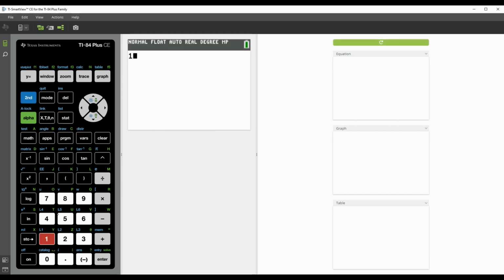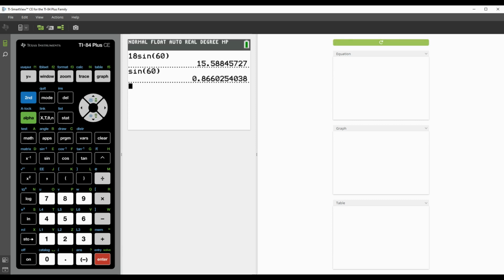And I wanted 18. My sine button is right here above the 2 above the 7, sine. Because my calculator is in degree mode, I can literally just type 60. You don't need the little degree symbol and parentheses. And there you go. Just to show you, sine of 60 is a value.